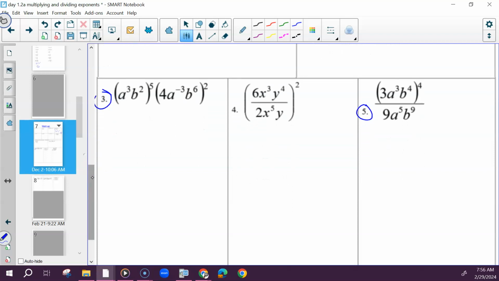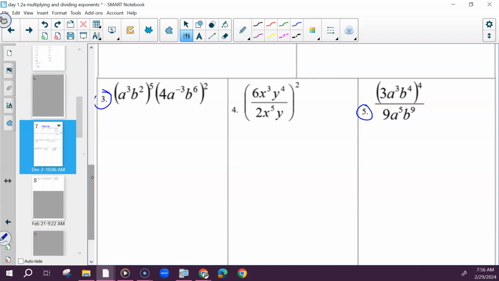And number 3, what operations do we see? Multiplying, and what else is happening? Not dividing, but there's something else going on. Yes, we will be multiplying the exponents, but because of what?